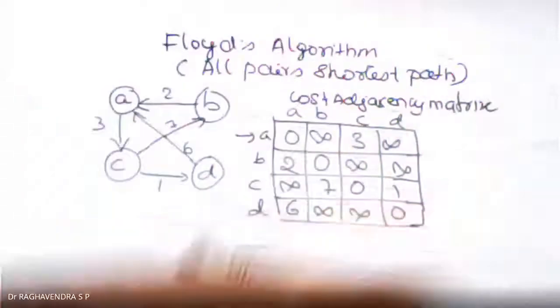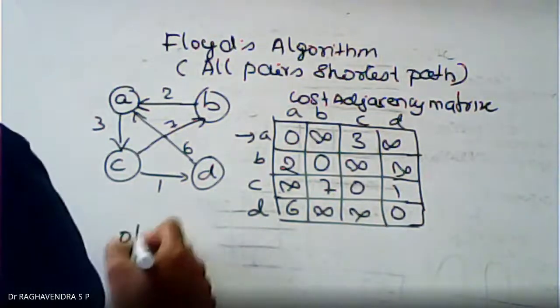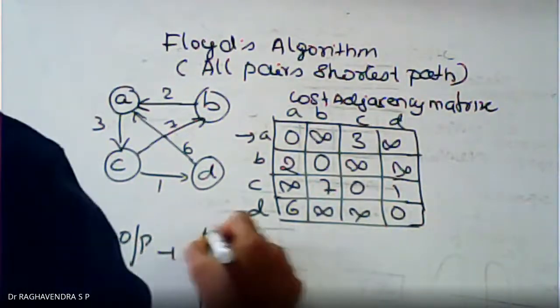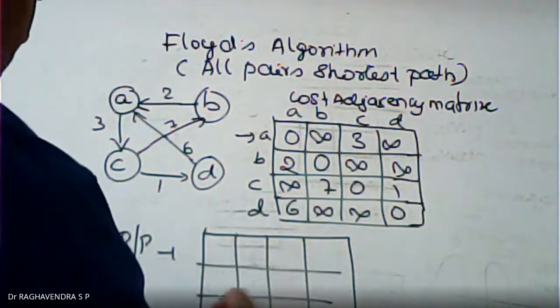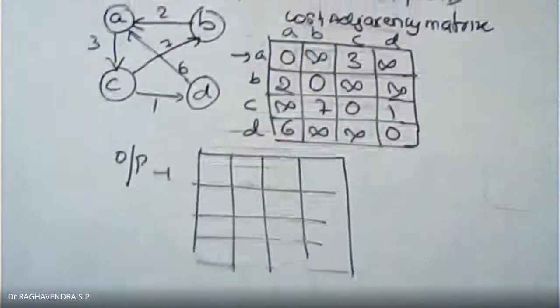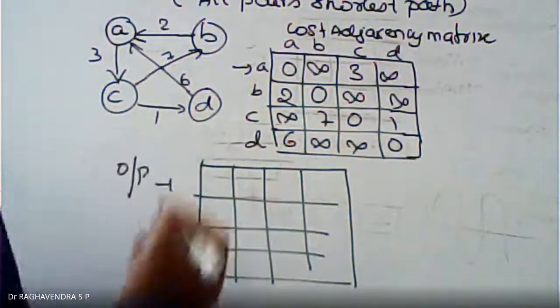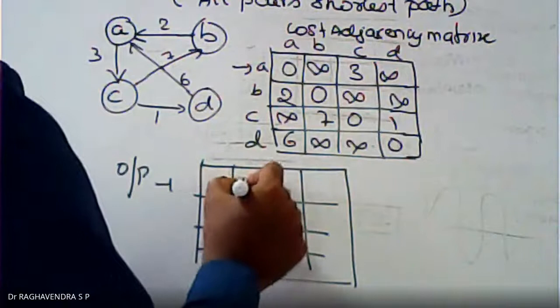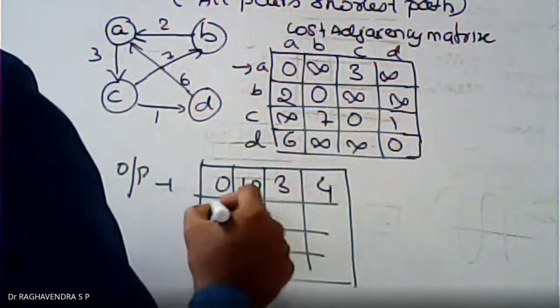Now, if you solve this, of course, the shortest paths we obtain, the output must be like this: 0, 10, 3, 4, 2, 0, 5, 6.